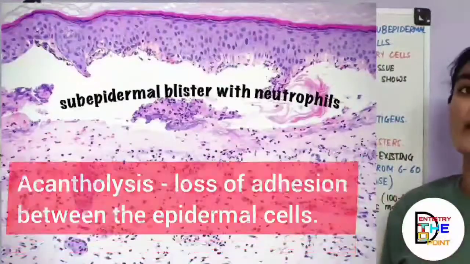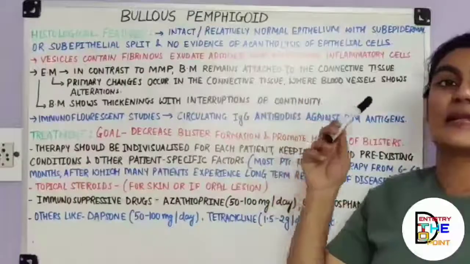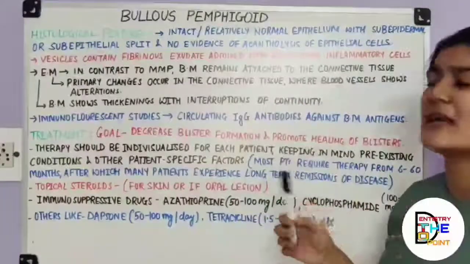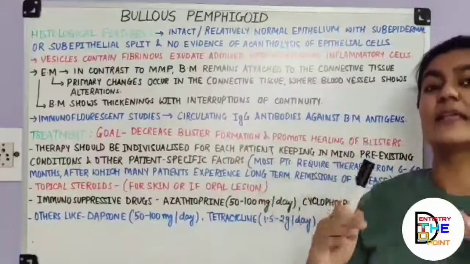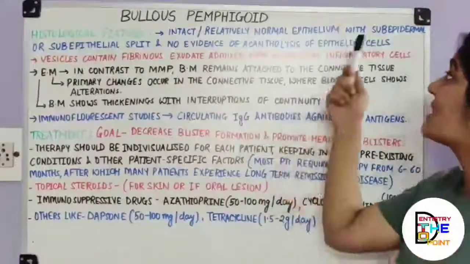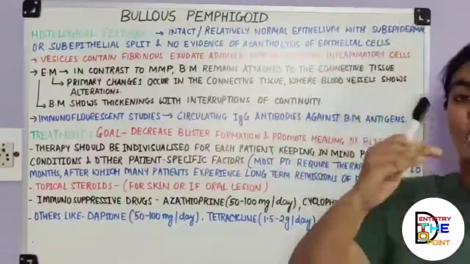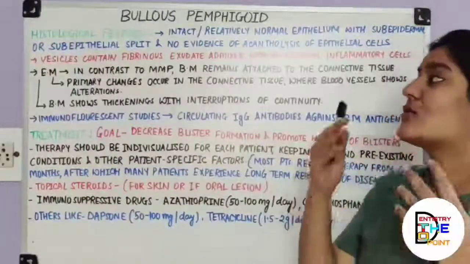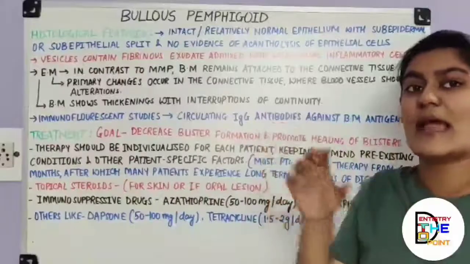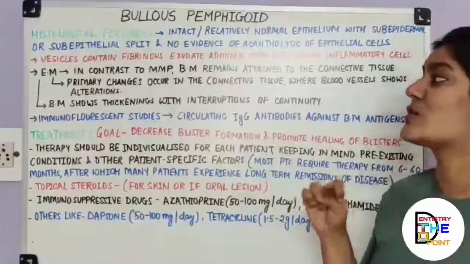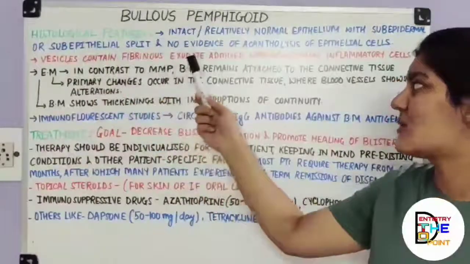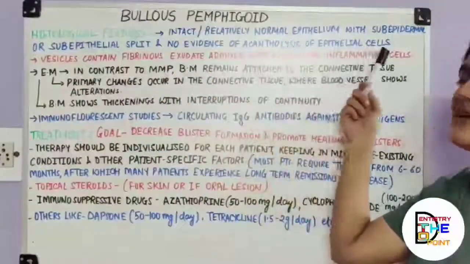This is very clear because we have been reading it in the tagline and in the clinical features also. Everywhere we know that the epithelium is going to be intact. Since this has the name subepidermal, the lesion is going to be in between the epidermis and the dermis. So definitely the epithelium is going to be intact and there is going to be a subepithelial split. The vesicle contains fibrous exudate mixed with occasional inflammatory cells.